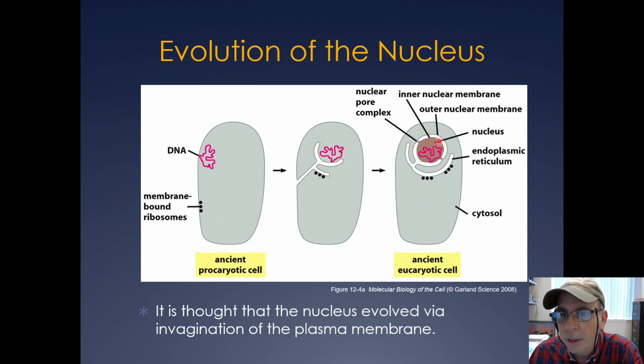And then you end up having an inner nuclear membrane, an outer nuclear membrane, and a nuclear pore, which contains the nuclear pore complex. It turns out that it's contiguous with the endoplasmic reticulum, both the smooth ER as well as the rough ER. And that invagination, creating a nuclear envelope around all of the DNA, converted this ancient prokaryotic cell into an ancient eukaryotic cell.